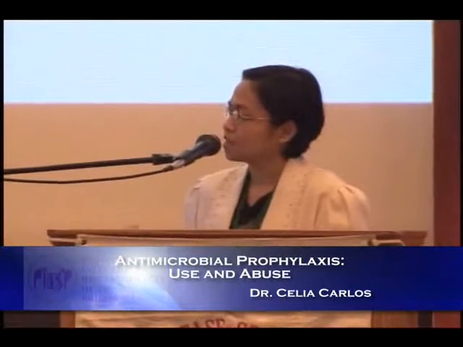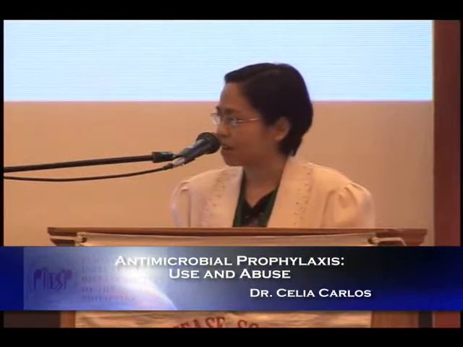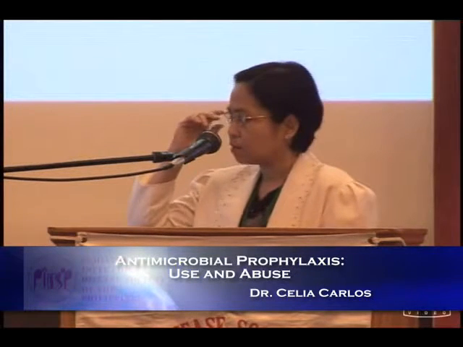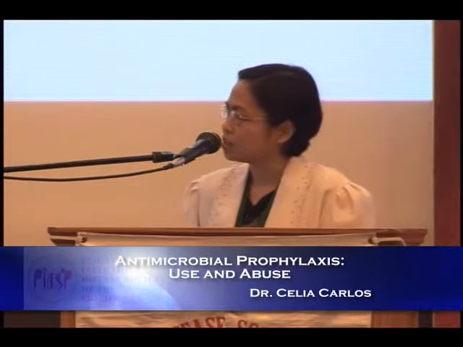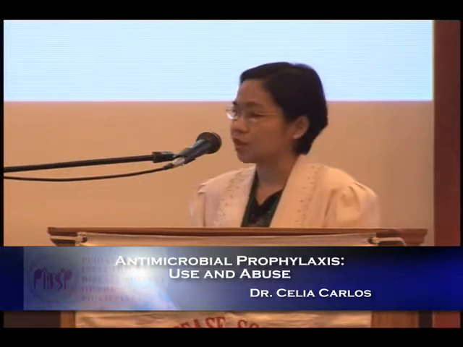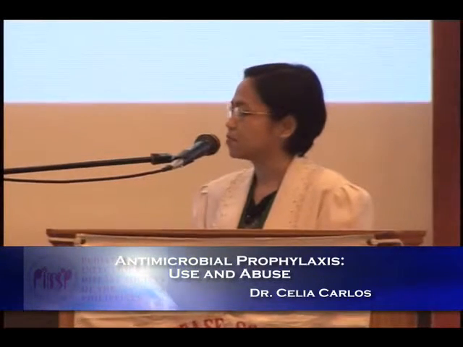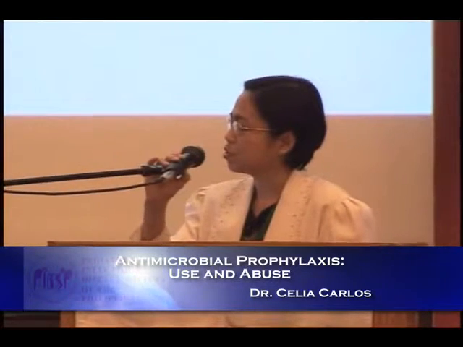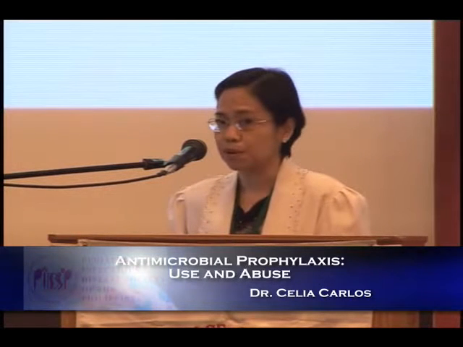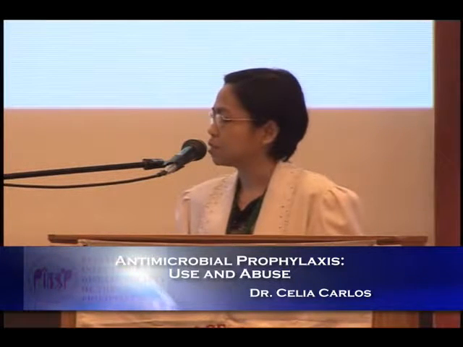So the topic assigned to me is antibiotic prophylaxis, use and abuse. By definition, antibiotic prophylaxis is prevention of disease by administration of an antimicrobial agent. It is given to an individual who is at risk of developing an infection because of exposure or an impairment of host defense.